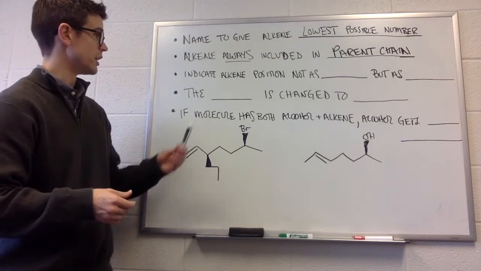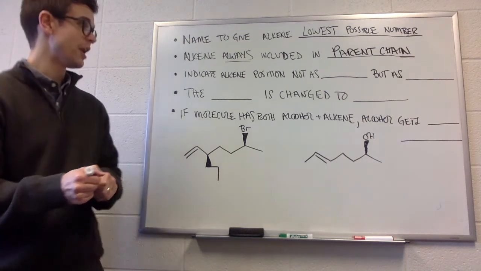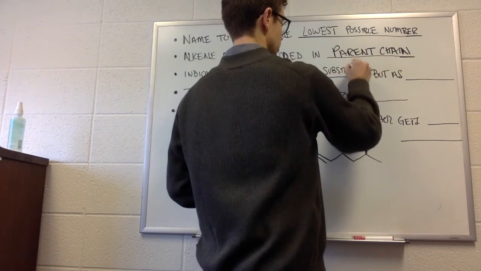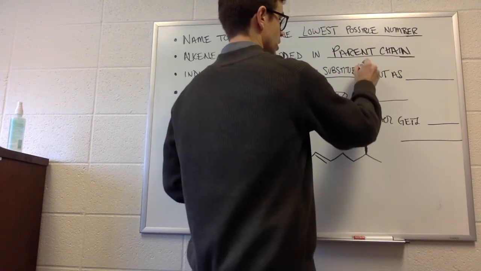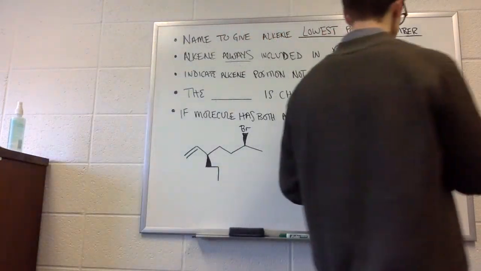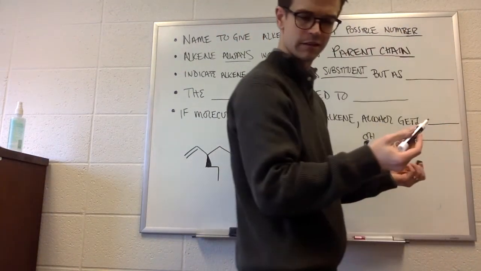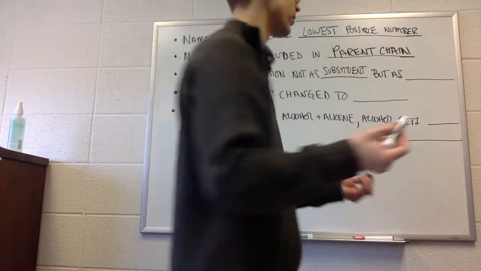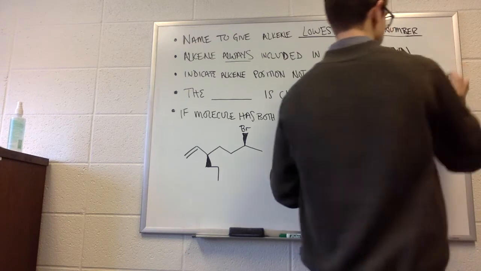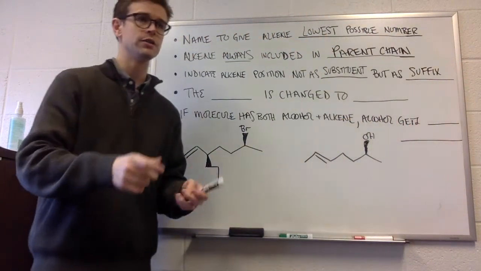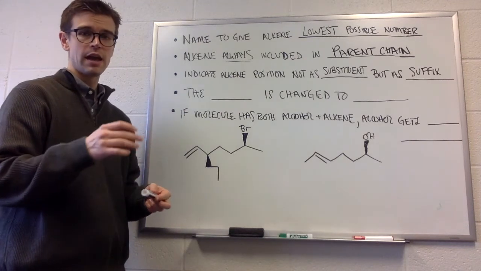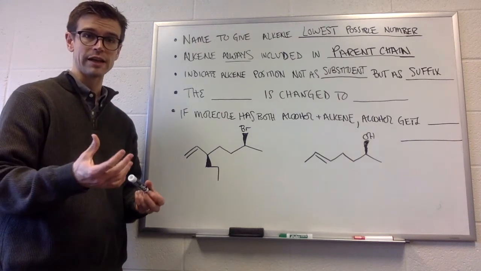Also, we indicate the alkene position not as a substituent, but as part of the parent chain. I guess it's part of the suffix, but as the suffix. So when we went back to prefix, parent, suffix, the suffix had ane initially for alkanes only.